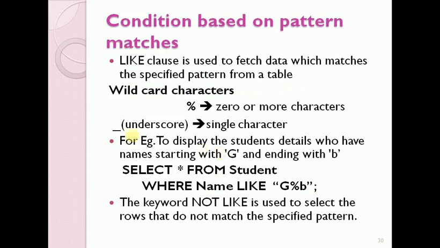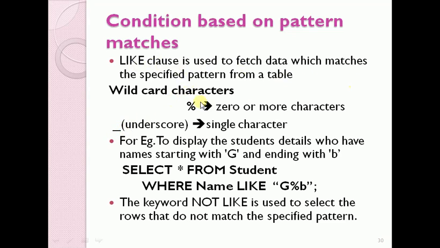Let's see. Before getting into the LIKE clause, we first need to know the wildcard characters. We have two wildcard characters. One is percentage and the second is underscore. Underscore is Shift and hyphen; when you press that, you will get the underscore.